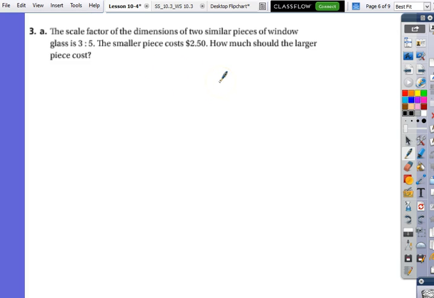It's an area estimate. So we're going to have to find the area ratio. So go ahead and solve this problem for the new value. Remember, the smaller piece is $2.50. How much should the larger piece cost? Generally when you're buying carpet or looking at windows or anything that's a dimensional thing, it's by area.